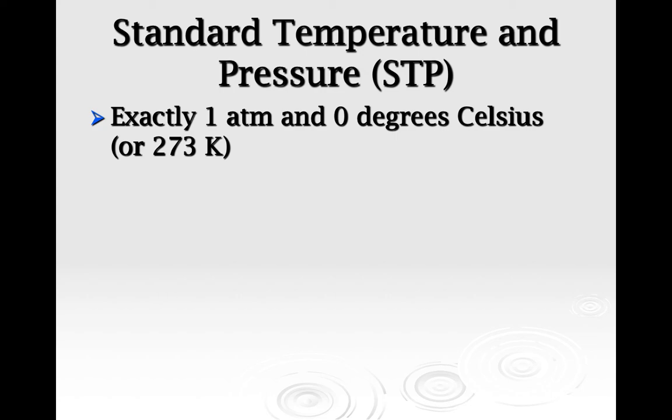It basically stands for the standard pressure will be 1 atmosphere, and the standard temperature will be 0 degrees Celsius, which we should know is also 273 Kelvin. And so whenever you see STP, like I might say the environment is in an STP situation, you should immediately correspond that to 1 atmosphere of air at 0 degrees Celsius.